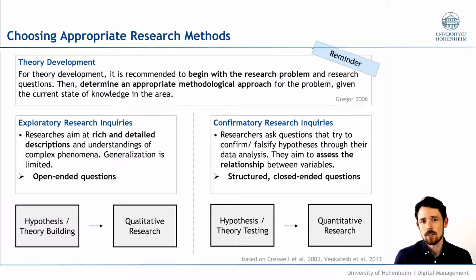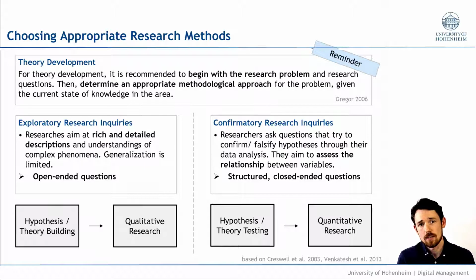Because you're so structured, it is not possible to get any information about new phenomena. You're only asking those few close-ended questions. So a confirmatory research inquiry lends itself well to hypothesis testing. That would be something where quantitative research comes into play.